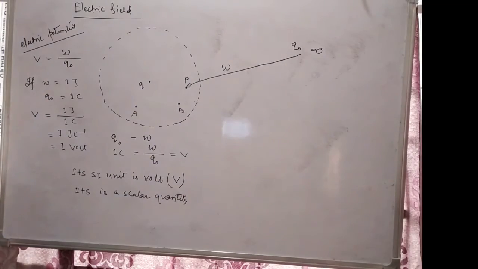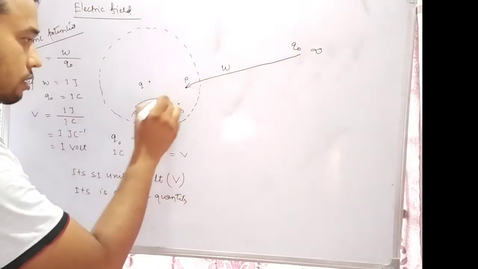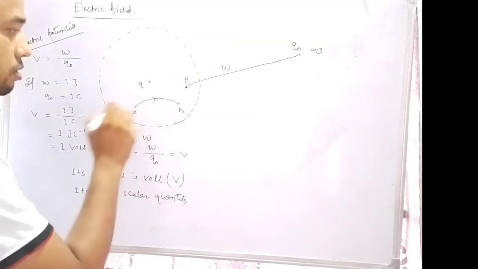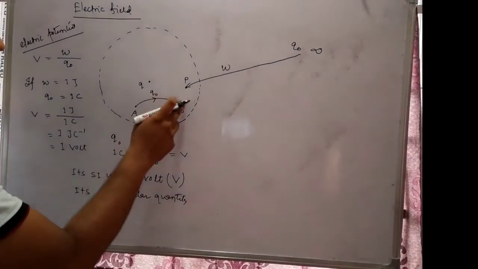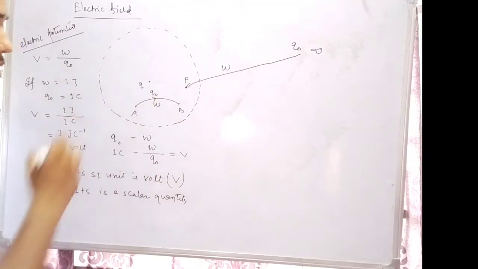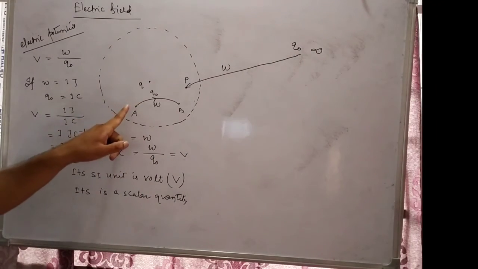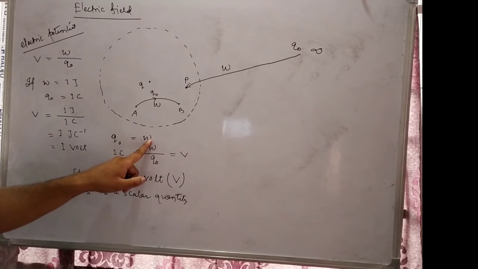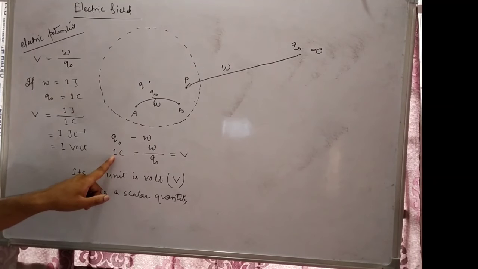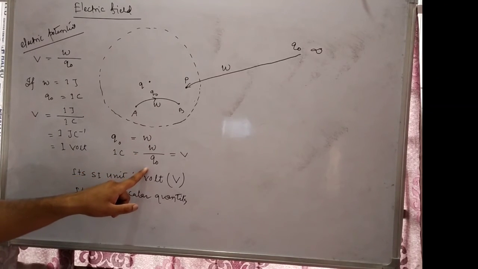Suppose we consider 2 points A and B, and we move a charge Q naught from A to B, and for that we perform work done W. So if to move a charge Q naught from A to B, W amount of work is required, then to move 1 coulomb of charge we need work done of W by Q naught.